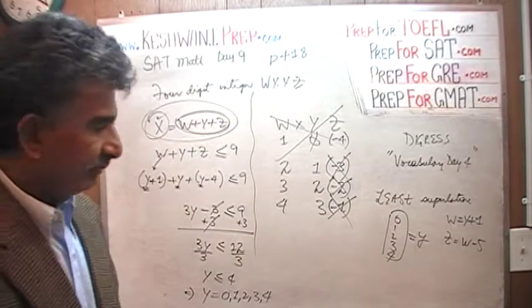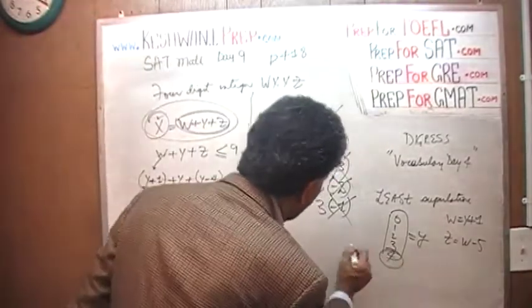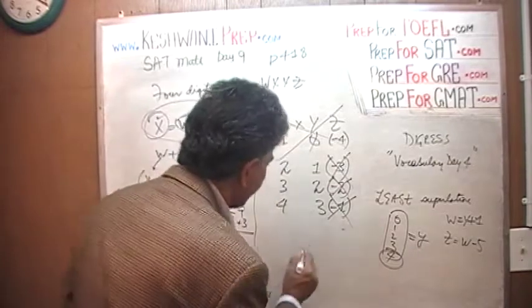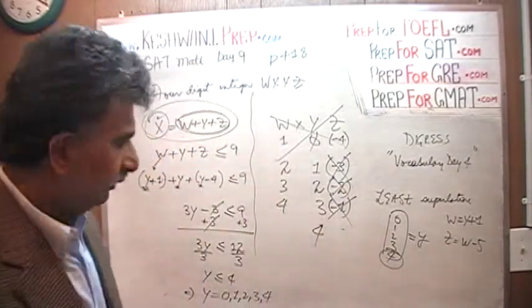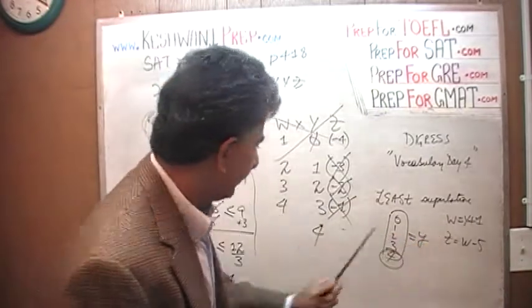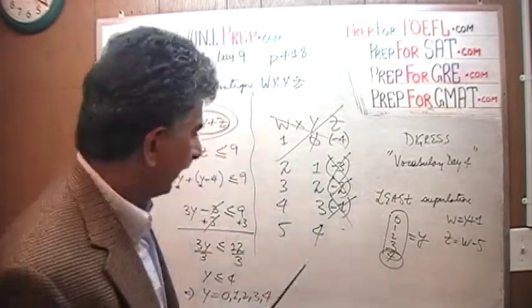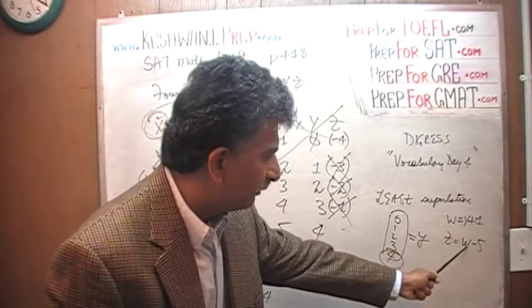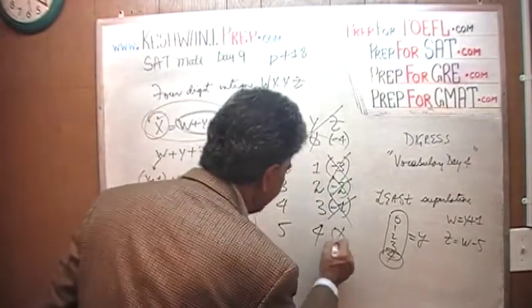Therefore, y must be 4. If y is 4, watch what happens now. W is y plus 1, which makes it 5, and z is w minus 5, which means z is 0.